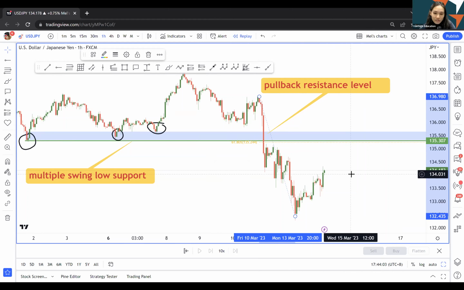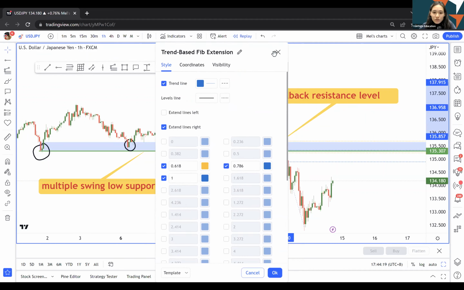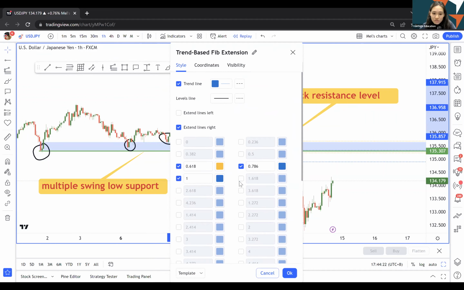Let me see if we have any other levels. Right, so for Fibonacci projection, which is what I'm looking for here, we use these three levels: 61.8, 78.6, as well as 100%.